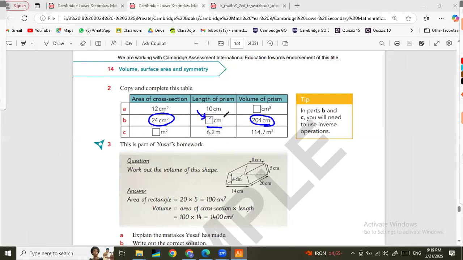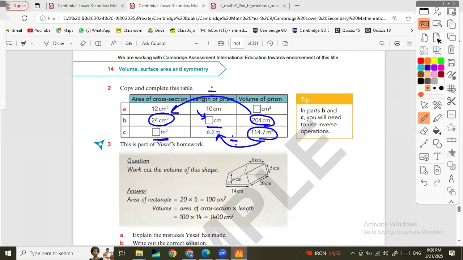So to find the length, we need to do 204 divided by the area of the cross section. So 204 divided by 24 is going to give me the length. Same thing over here: if you divide the volume by the length, it will give you the area of the cross section.